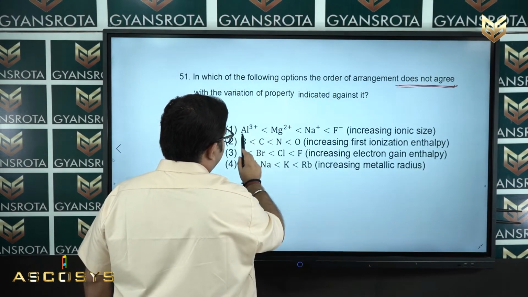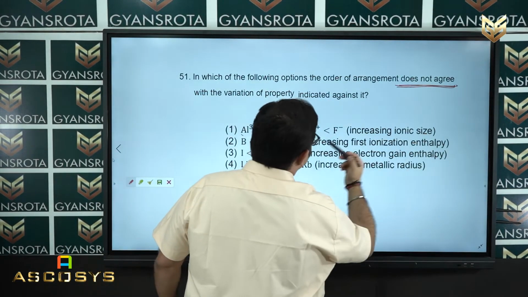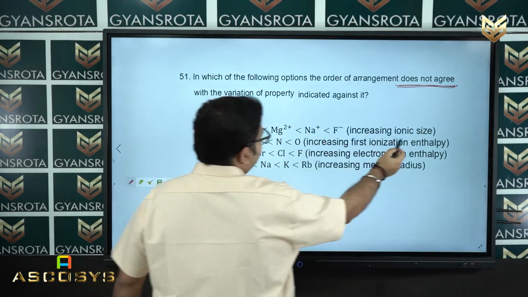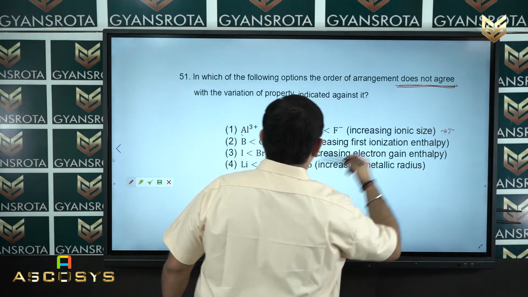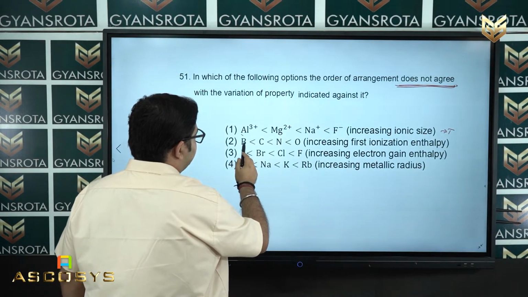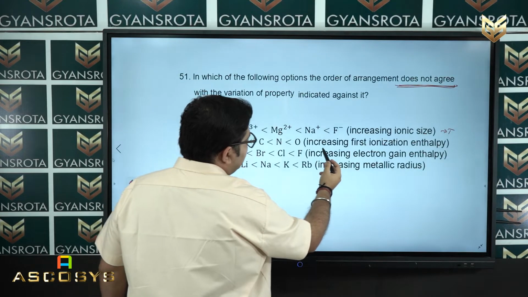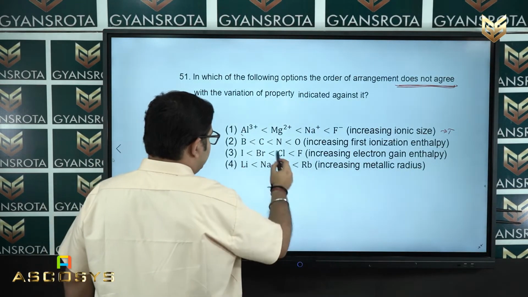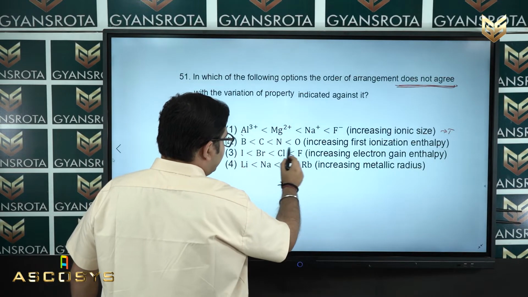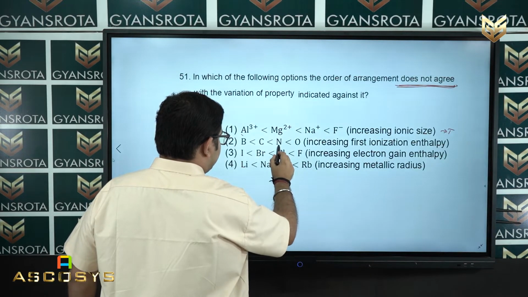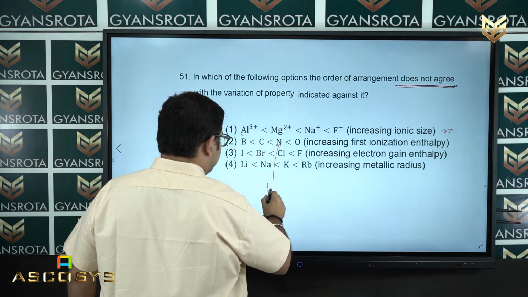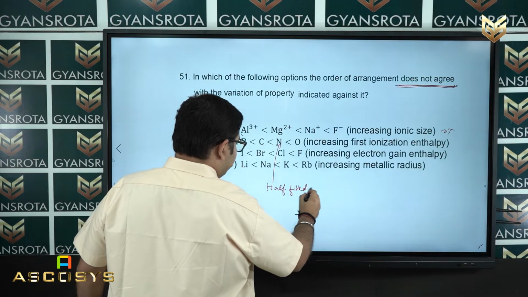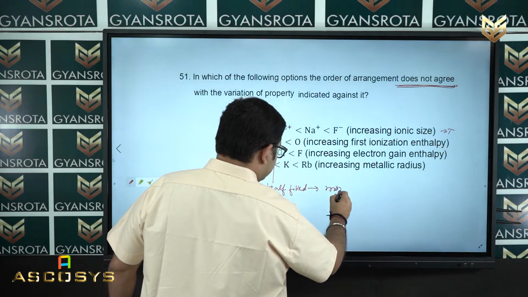In this case, they are saying increasing ionic size, yeah, that is true, because anions are larger in size. So, option 1 is the correct, true statement. Now, this is the order of increasing first ionization enthalpy. If you see boron, carbon, nitrogen and oxygen, nitrogen has a half filled orbital, and we know a half filled orbital is more stable.